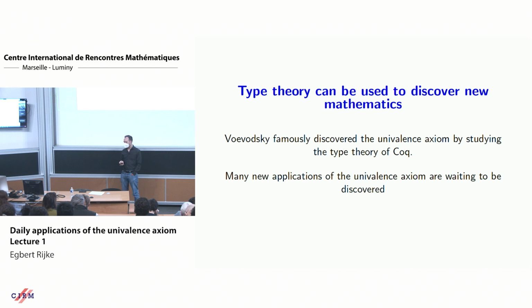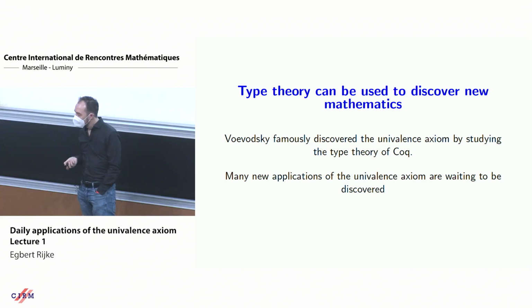But also, because now we're working with the univalence axiom, there's still a lot of low-hanging fruit left to discover. So if you're a young person, it's easy to get into homotopy type theory and get some new results, and that's really nice. That's also how I started. So that's cool.